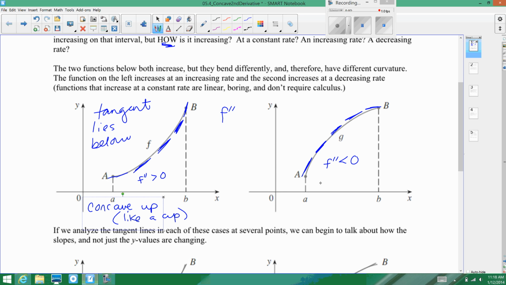Maybe that'll help you remember it. Similarly, this one's called concave down, like a frown. I'll get you some nice pictures along with that later. But this is the big idea of what we're talking about today: concavity, how the rate is changing.